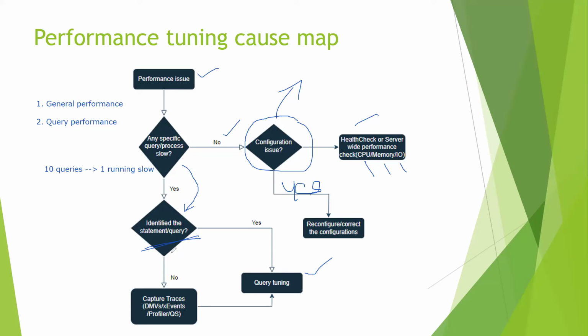If the query is not identified, we'll have to determine which query is running slow. For example, let's say they mentioned that a stored procedure is slow. Inside the stored procedure, there can be hundreds of queries, or a bunch of queries.